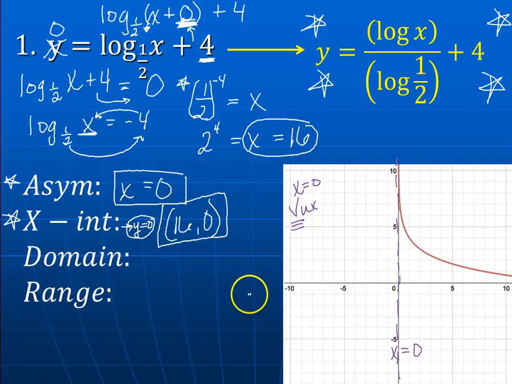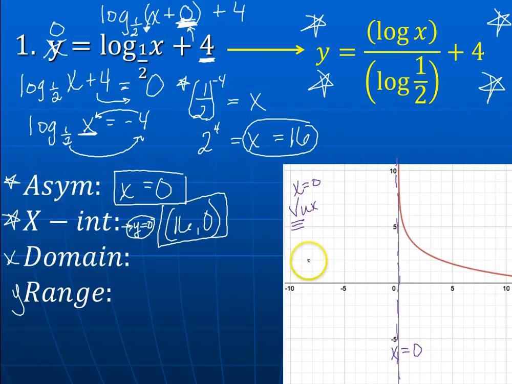Now, domain and range. Again, think about the concept of asymptote. Gets close to, but never crosses. So domain is my x's, range is my y's. So when I think about my x's, is there anything over here on the left? My asymptote's going up and down now at 0.